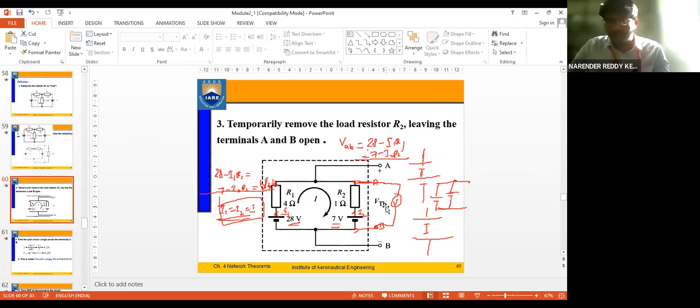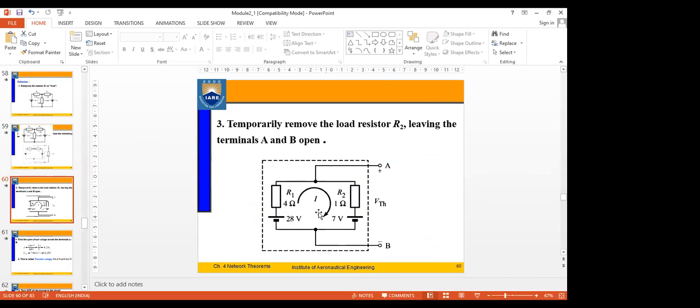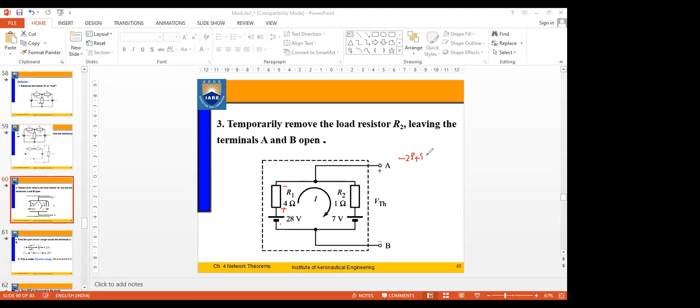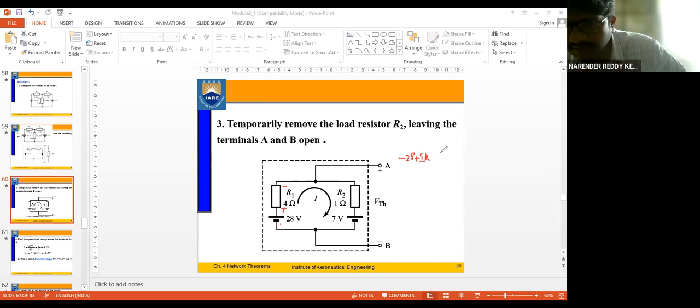Okay, let me clear this first. So write the KVL equation for this loop, starting from here. Since I'm starting with minus, I take it as minus 28. Plus, since the current is flowing in this direction, I consider this plus and minus, so plus I into R1.